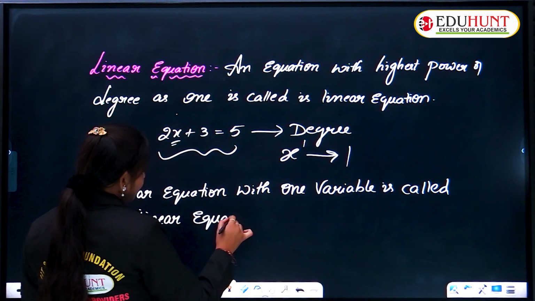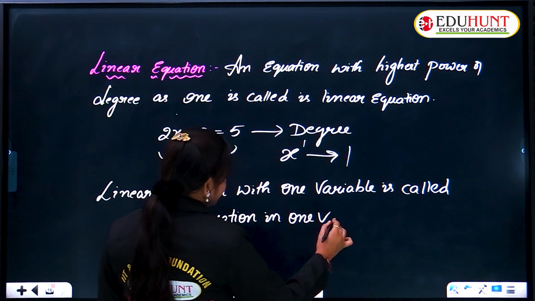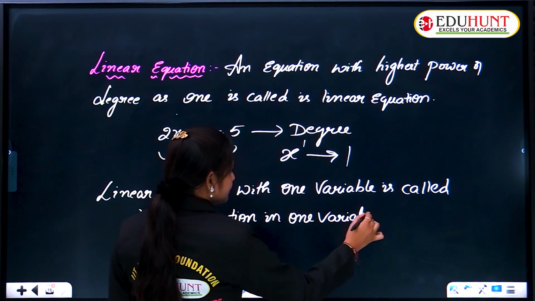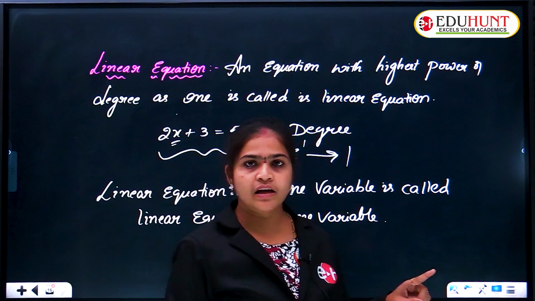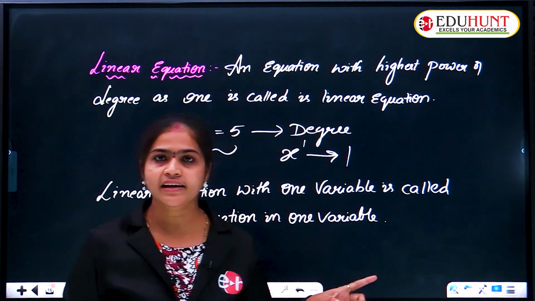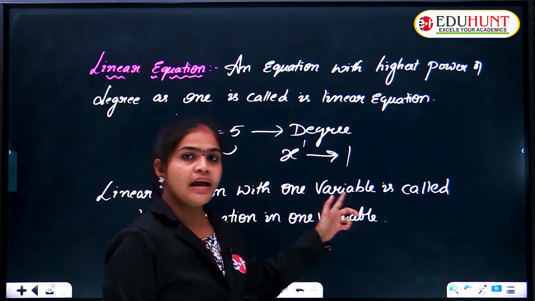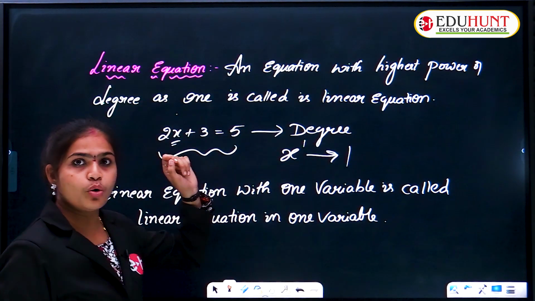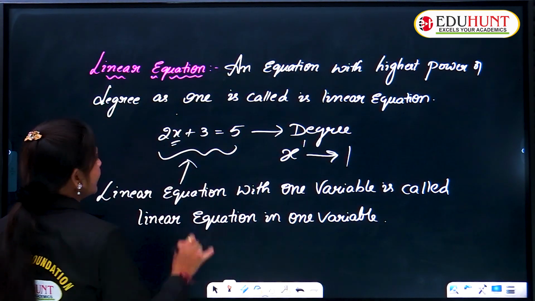Linear means 1 as the degree. The equation's degree is 1, then we will call that equation a linear equation. Understood? And that equation contains only one variable, then we will call that one a linear equation in one variable.